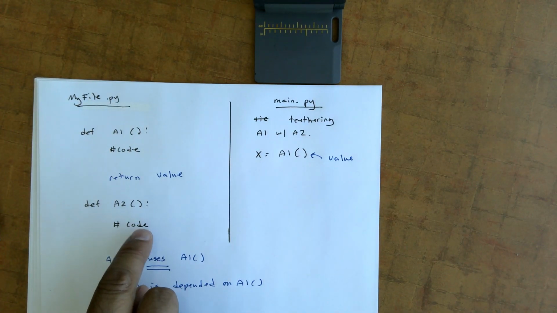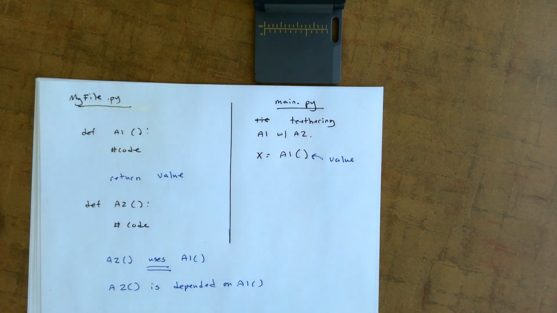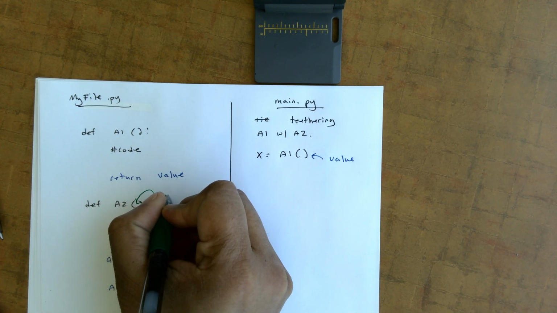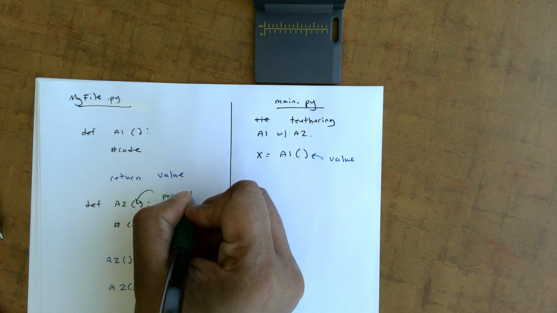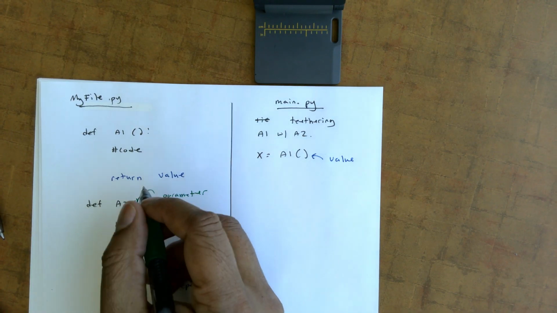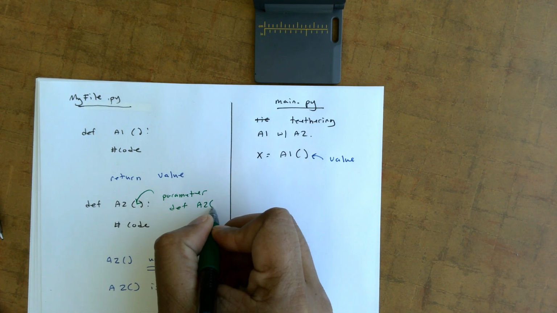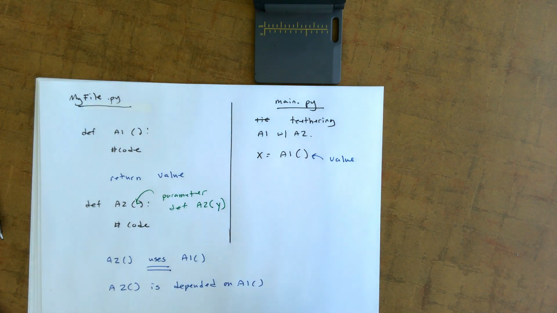Now, how does A2 use A1? Well, I have something called a parameter. So the parameter is here. This is my parameter. And this parameter, if I rewrite it, is def A2, and I can call it y.